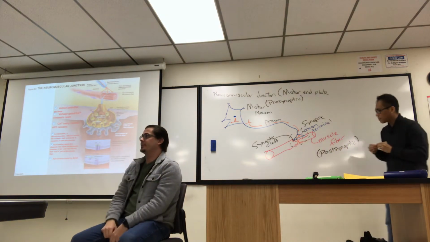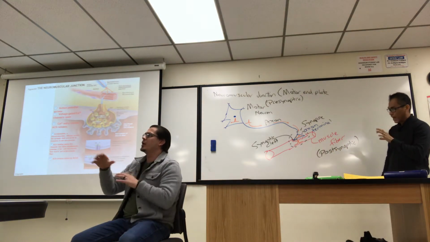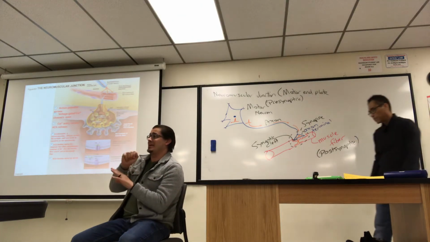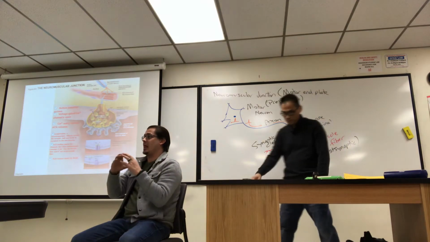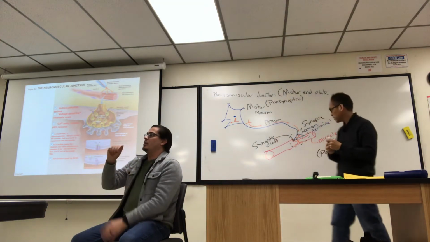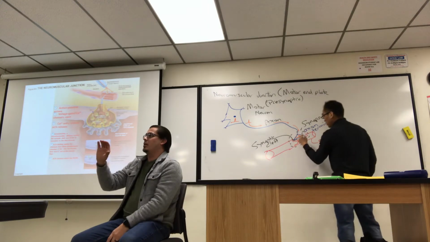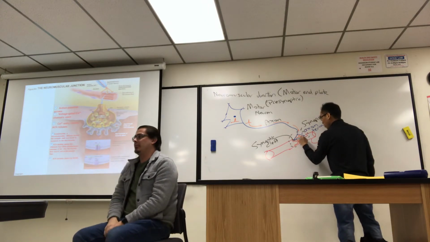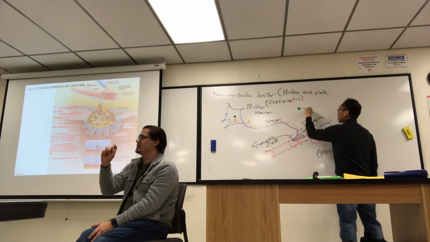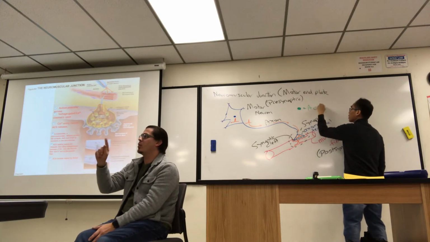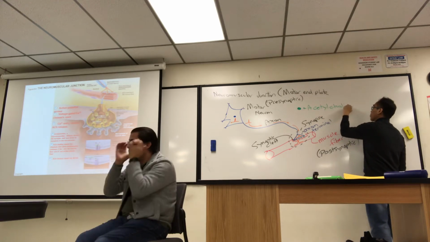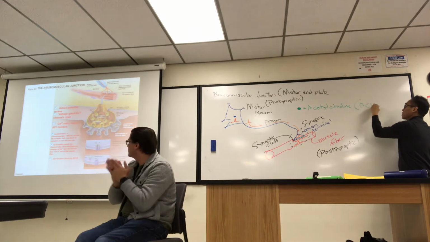And how it does that, there's a chemical connection between the presynaptic and the postsynaptic cell. That chemical is acetylcholine in this case. I'll use little green balls for acetylcholine, abbreviated ACH.